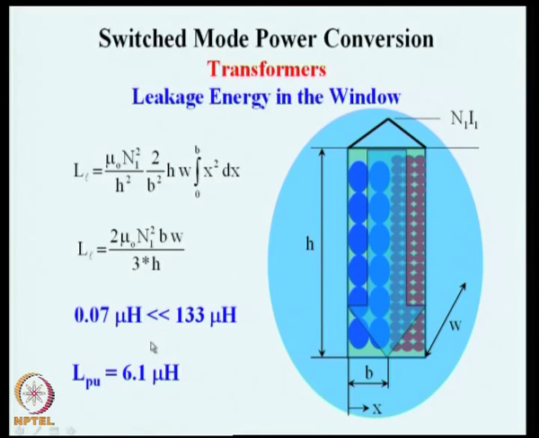As we go to the ideal situation, leakage inductance will go to 0, magnetizing inductance will go to infinity, and per unit inductance is related by V divided by omega times IL. In this situation, the leakage inductance is almost 100 times less than the per unit inductance, and the magnetizing inductance is about 20 times more than the per unit inductance, which is a very good situation.